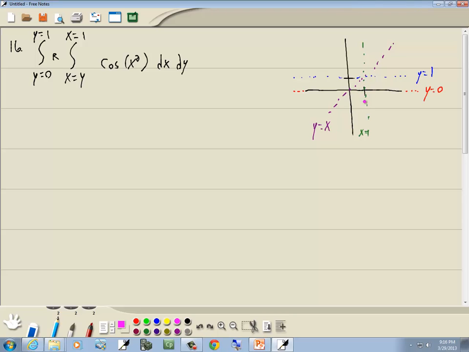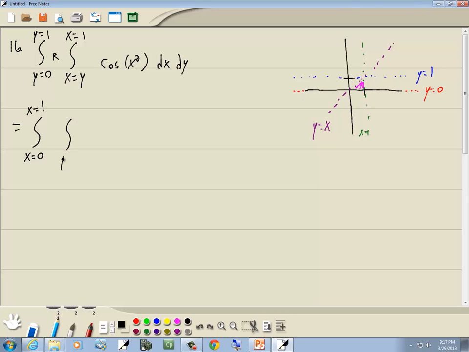Okay. So our region here, let's see if I can get this right this time. Bounded by this, bounded by that, bounded by that, bounded by this. It'd be this one right down here. So a little sliver there. Probably should have drawn bigger. Well, that's obvious. It's going from x equals 0 to x equals 1, because this is x equals 1.